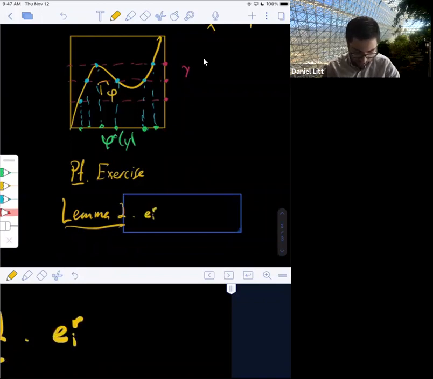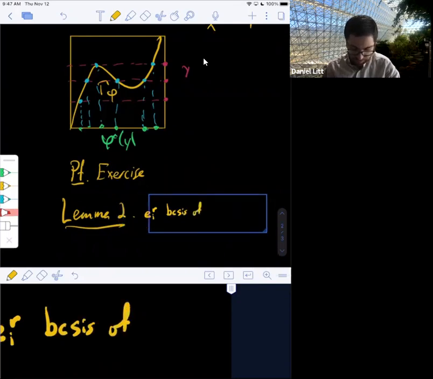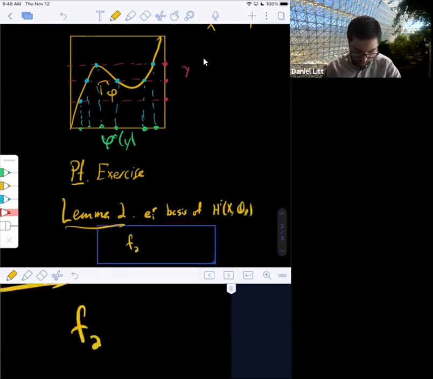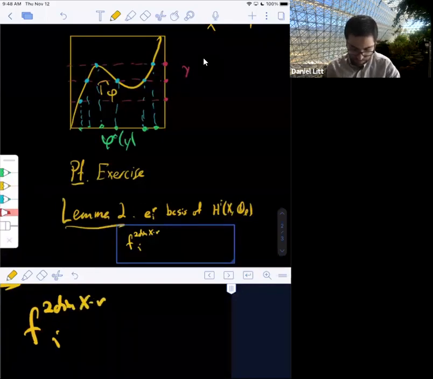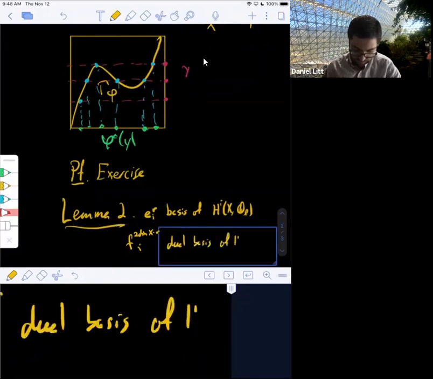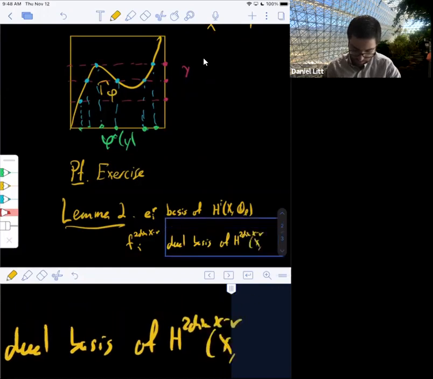We let e_1 through e_r be a basis of H^r(X, Q_l), and f_1 through f_{2 dim X - r} be the dual basis of H^{2 dim X - r}(X, Q_l).